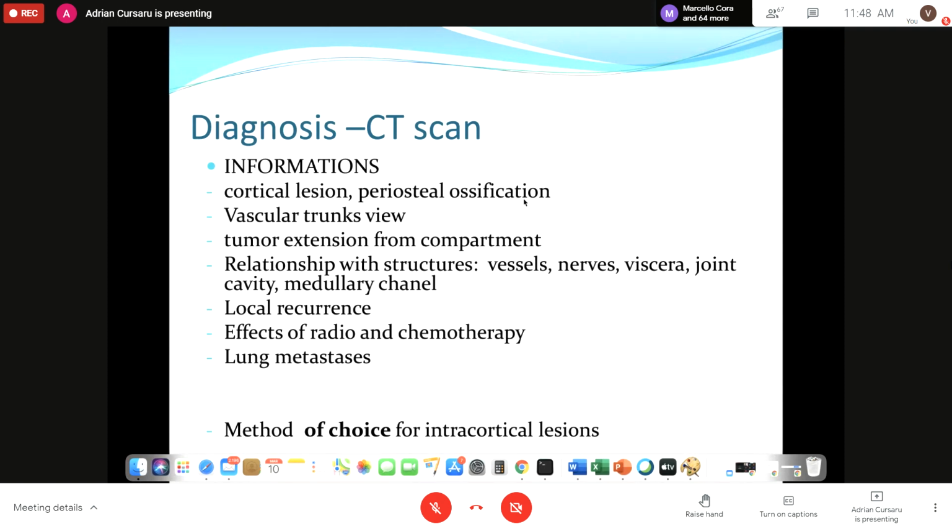It is very important to do that kind of investigation for all the patients, because you can then say the relationship with the structures: vessels, nerve, viscera, joint cavity, and medullary channel.